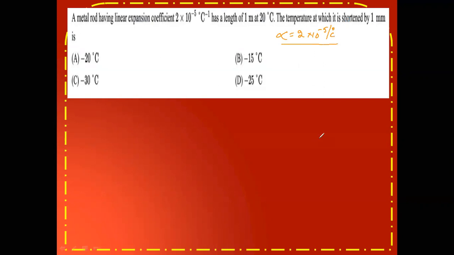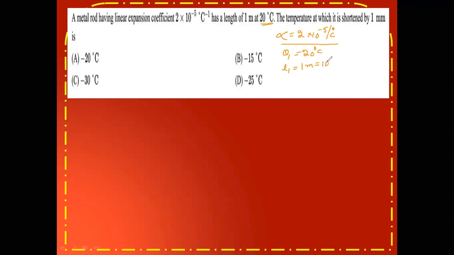It has a length of 1 meter at 20 degrees Celsius. So the initial temperature they gave is 20 degrees Celsius, and the initial length is 1 meter.